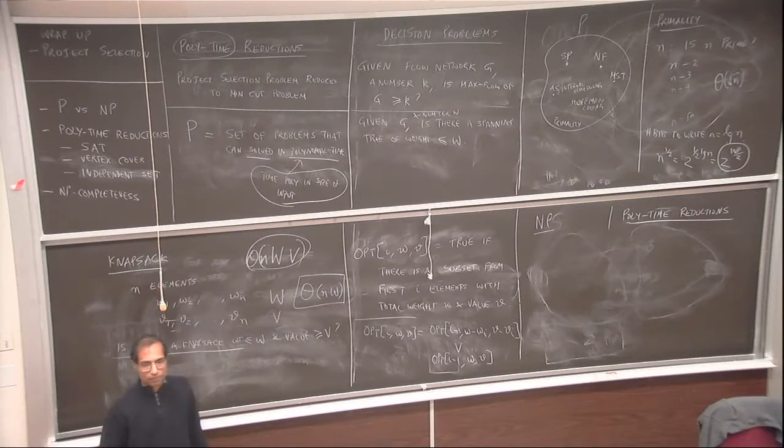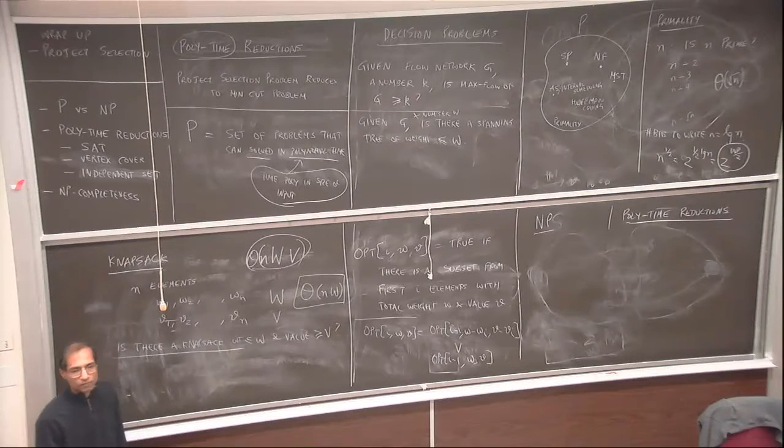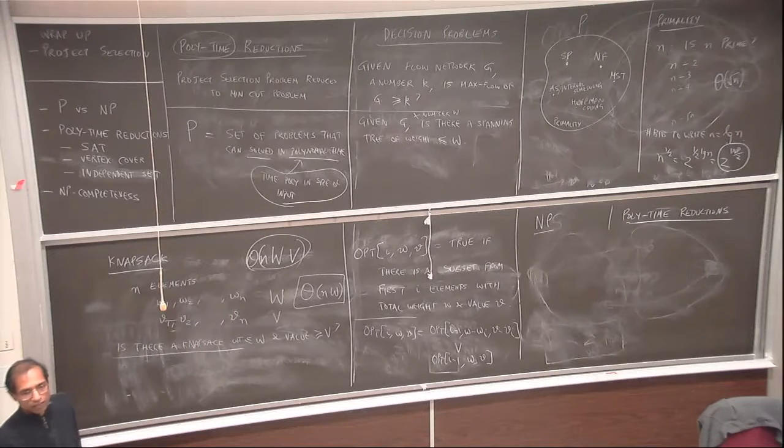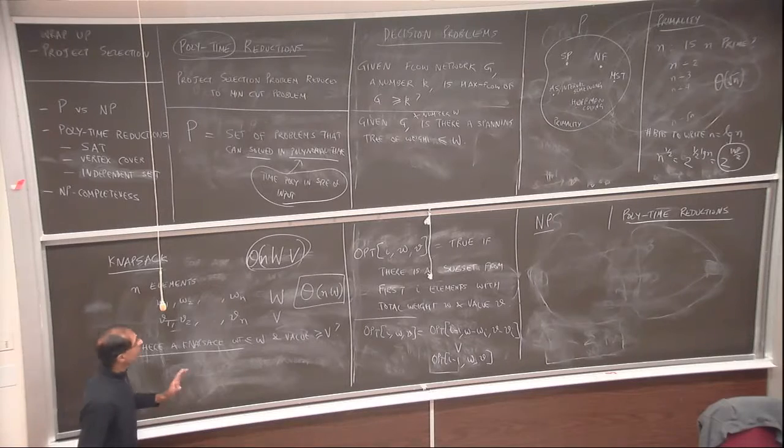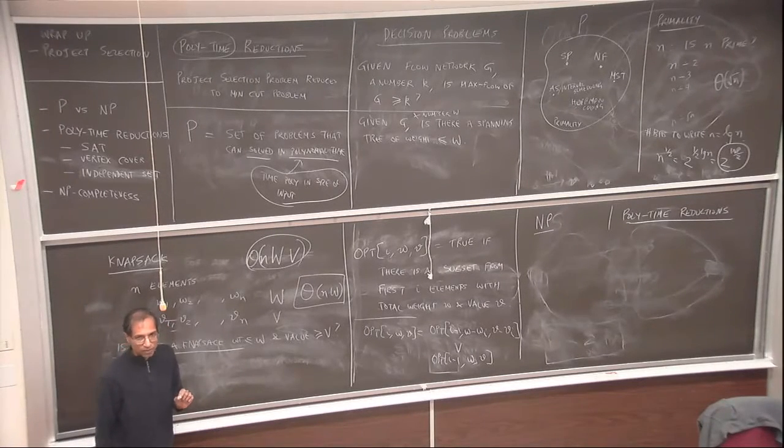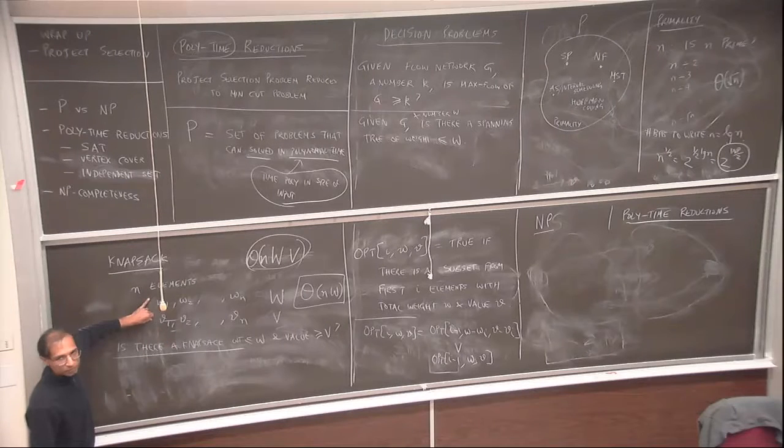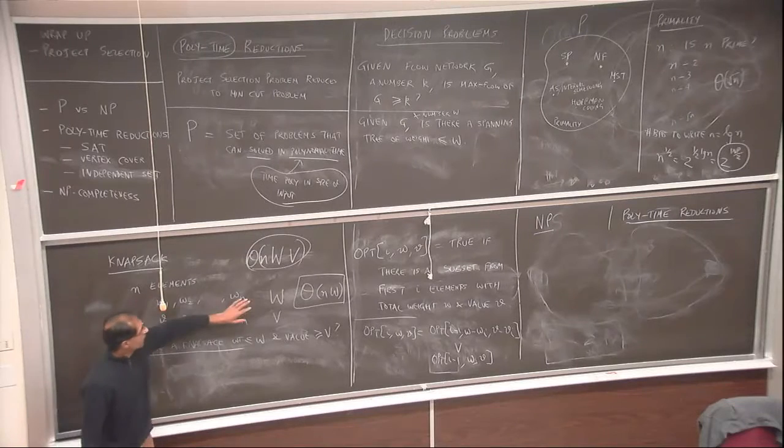Yes. It's not clear to me why, if we have capital W there, it is not polynomial, because this is still polynomial in n and W, right? It is polynomial in n and W, but remember it should be polynomial in the size of the input. What is the size of this input? How many bits does it take? You have n elements. Each element gives its weight and value. The maximum weight could be capital W, no more than that.